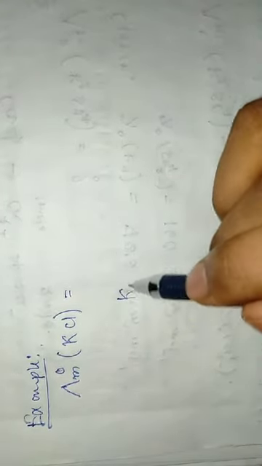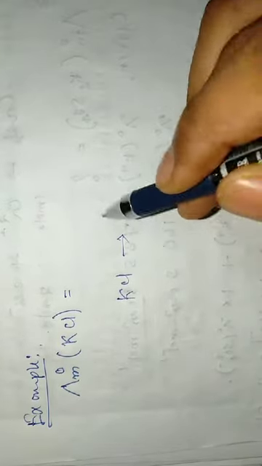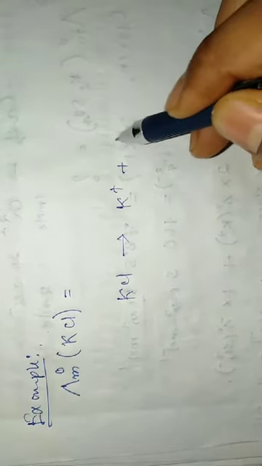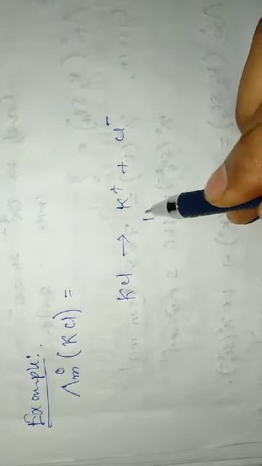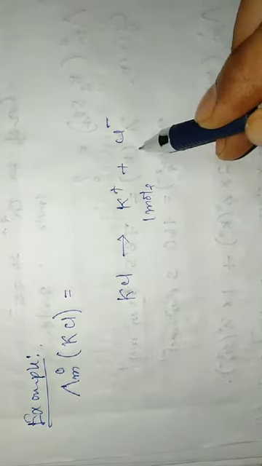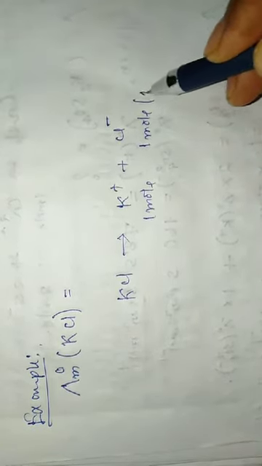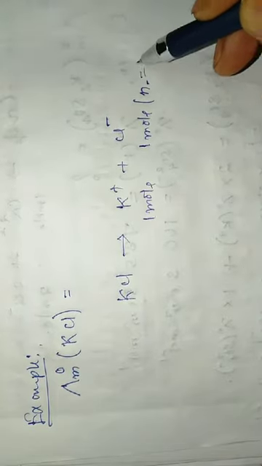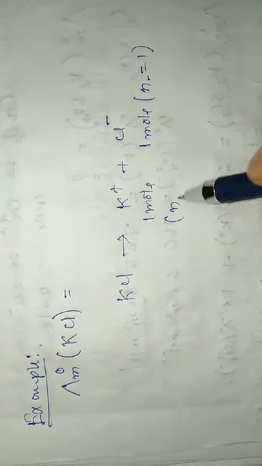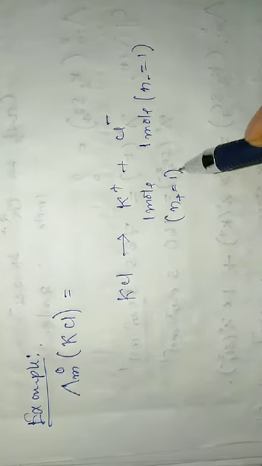So potassium chloride, when it ionizes, produces 1 mole of potassium ion and 1 mole of chloride ion. That means n minus equals 1, and n plus equals 1.